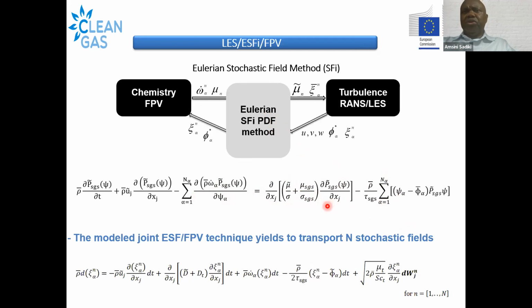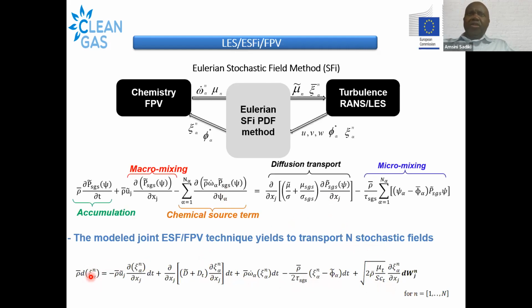If we use the Eulerian framework as we do here, we have to solve n stochastic fields, for example, and this transported equation can be transformed into this form where we follow only the n stochastic fields, for example, for the mixture fraction and for the progress variable.